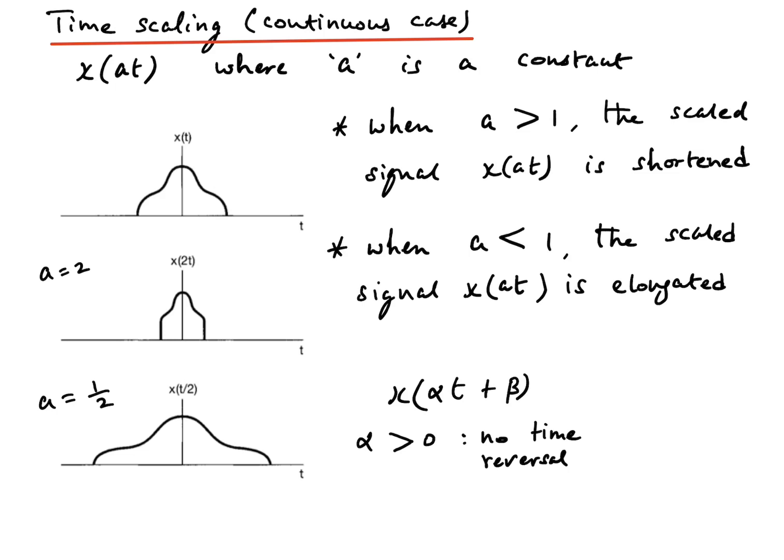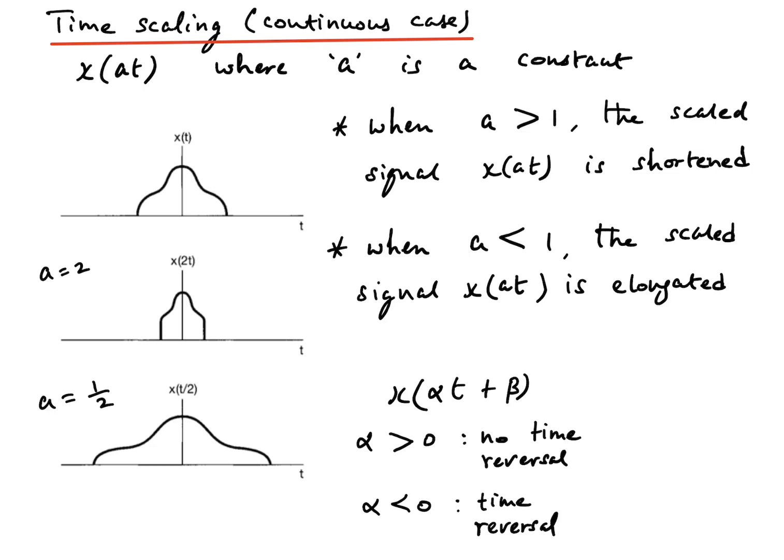And when alpha is less than 0, there is time reversal, because when alpha is less than 0, that means there is a negative sign here.